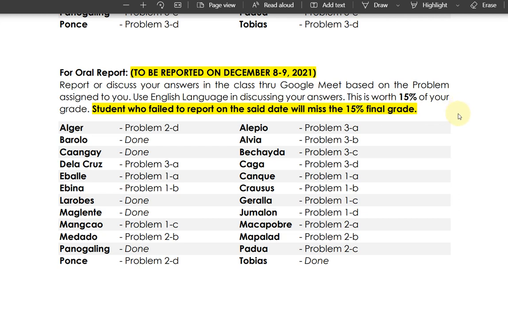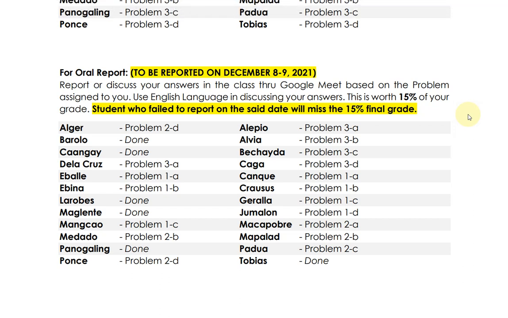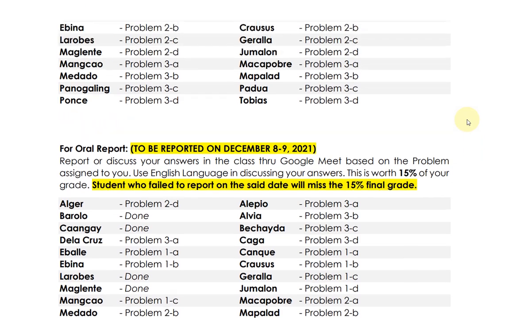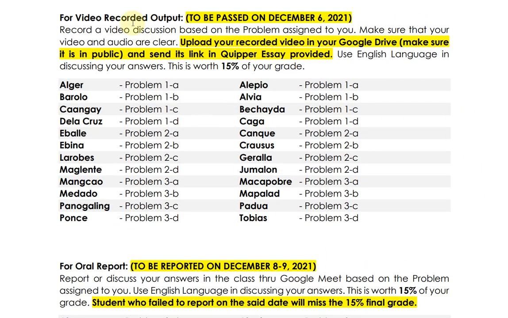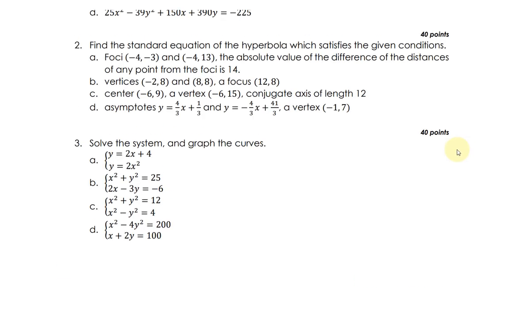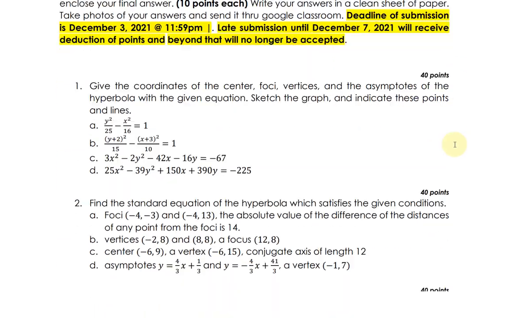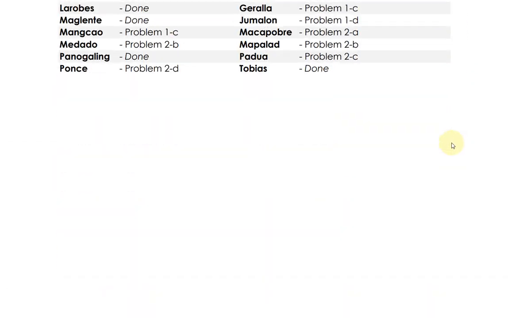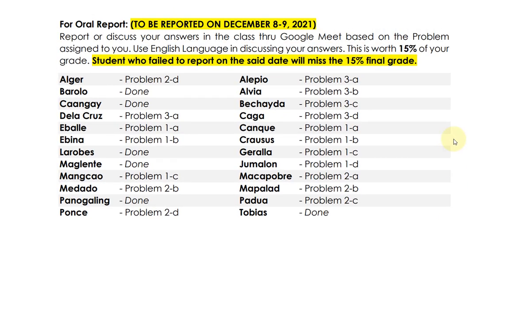So I think you are already aware of my grading system for this particular course. You submitted an oral report, that is 15%, and 15% for the video record output. Also, you have a percentage for the problem set. So just review it in our G class.